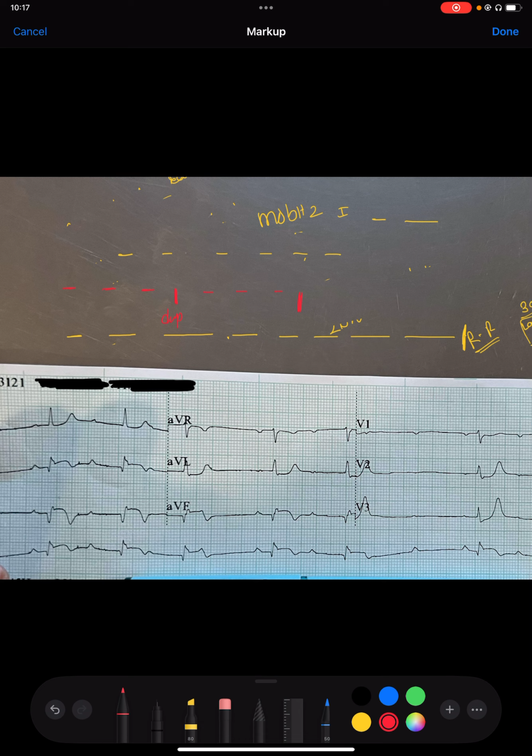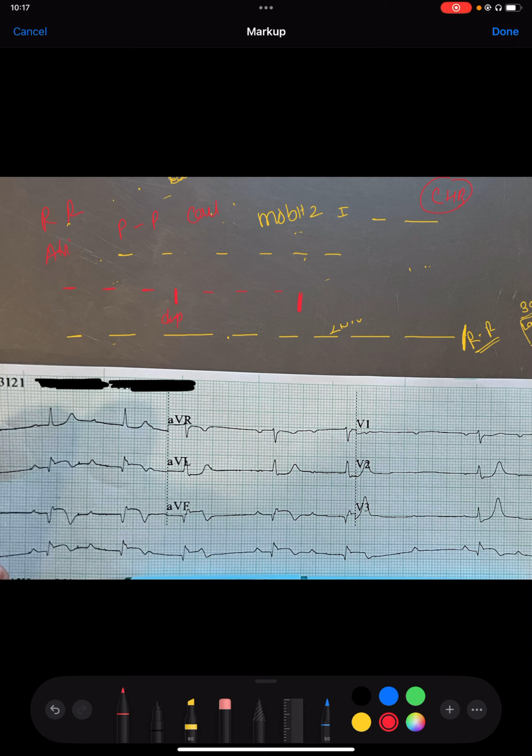And lastly, in complete heart block, the RR distance is constant and the atrial, meaning the PP distance, is constant. And P can be present anywhere around R. It can be before the R wave, it can be after the R wave. So there is no relation between the P and the R wave.